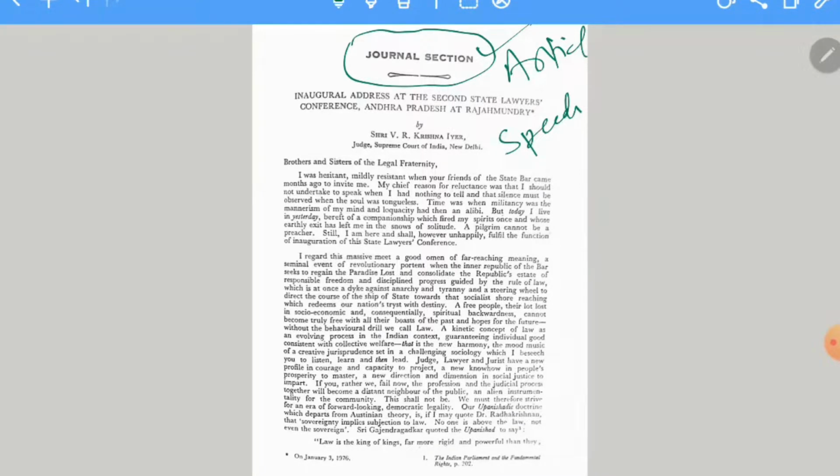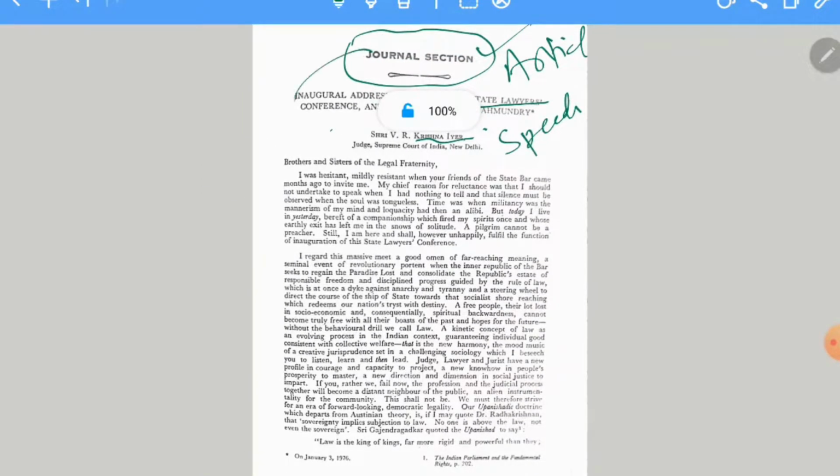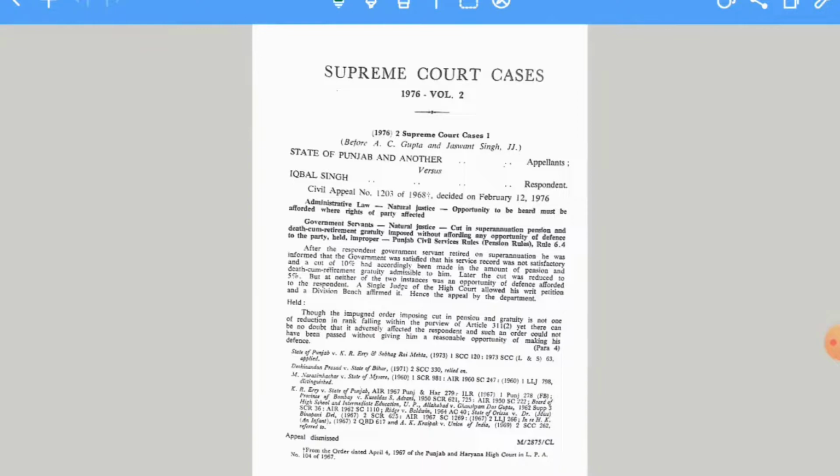Here you can see one of the speeches delivered by the late Supreme Court Judge P.R. Krishna. He delivered a speech in the year 1971 at the State Lawyers Conference. So this journal section will have speeches of judges, as well as some articles from professors as well. So that is the way you can see.